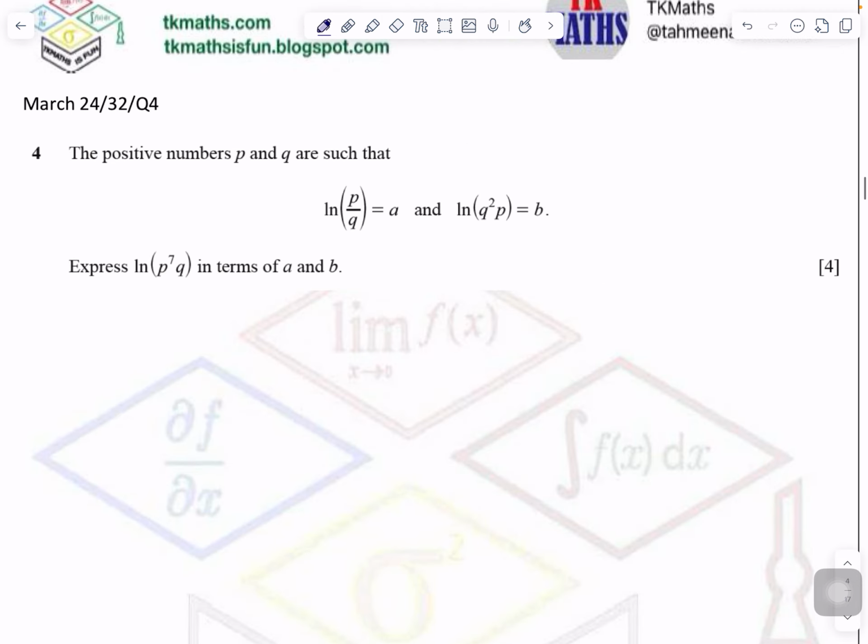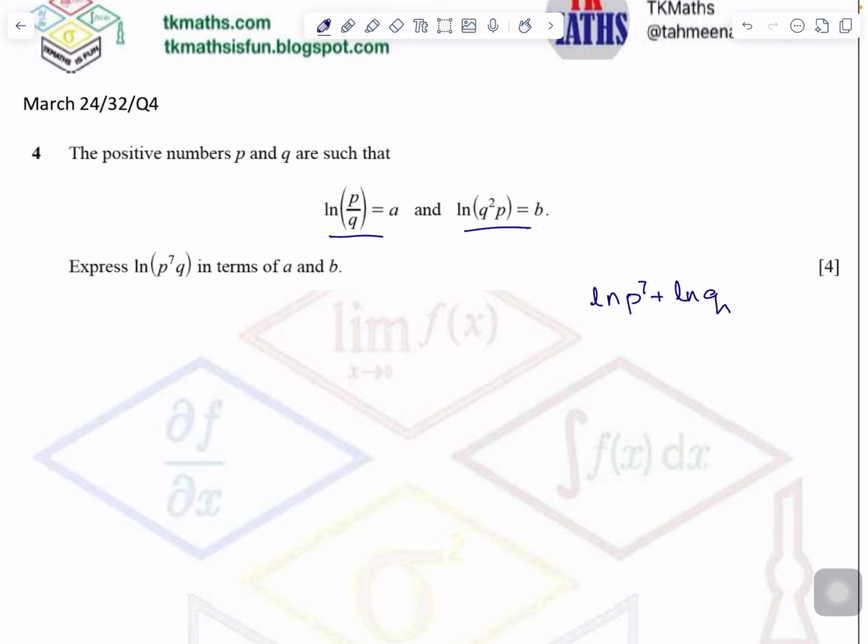So let's see this question, which is taken from March 24 variant 3.2. So 2 equations are given to you, and you have to express ln p power 7q in terms of a and b. So first of all, let's change the given form into a product so that we have separate ln p and ln q.